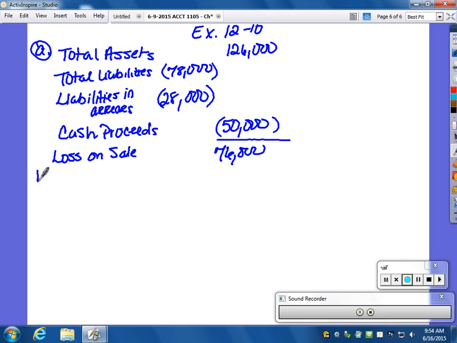All right, so part B is asking to allocate the loss to the partners. So we're talking about the 76,000 at this point. And they gave you what kind of ratio? 1:4:5. You had 3 partners, right?